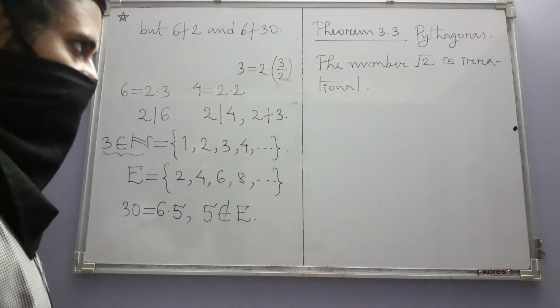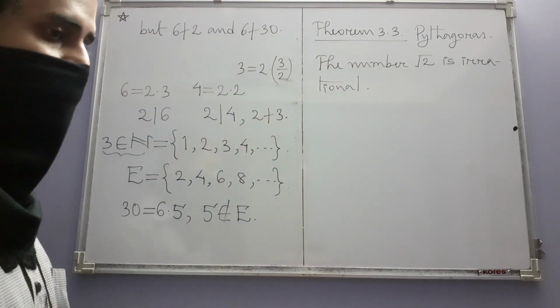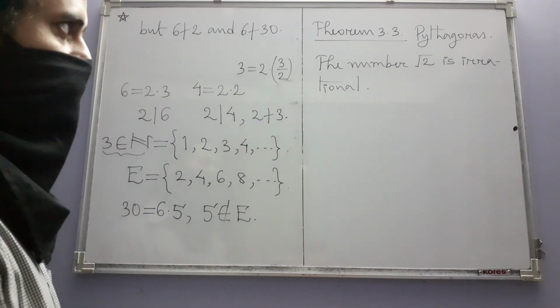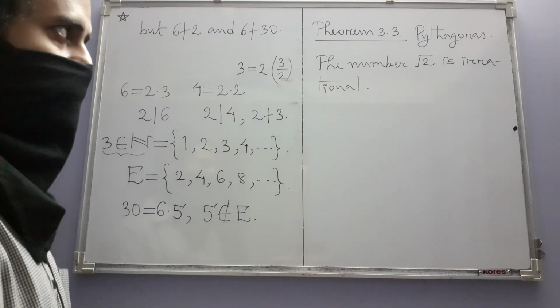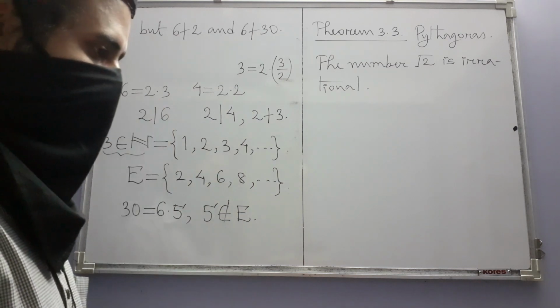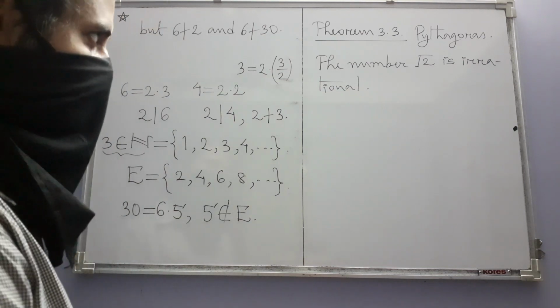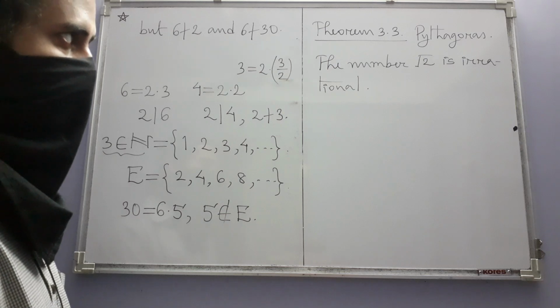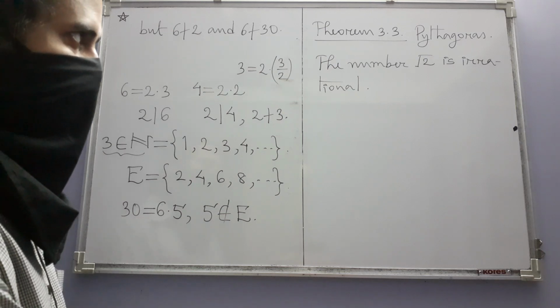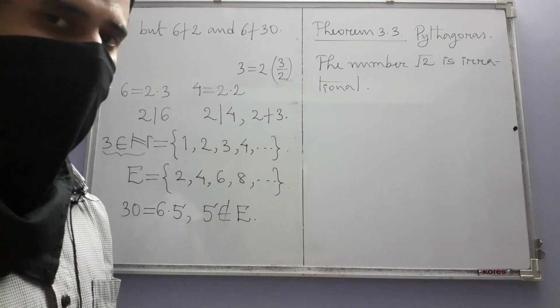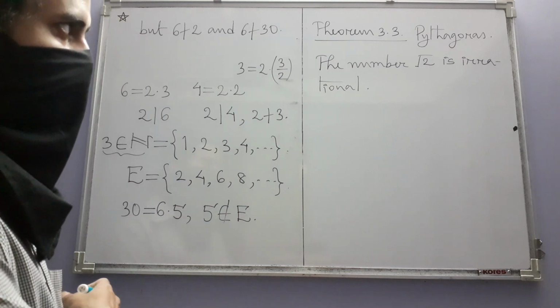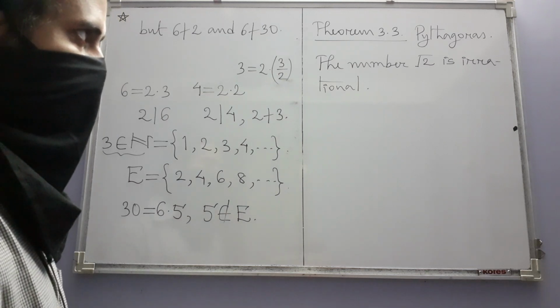Pythagoras and his school and the people who studied these things believed that rational numbers are what we have and there is nothing else. So the discovery that this number is irrational was kept as a secret. It was something that they were not very fond of.